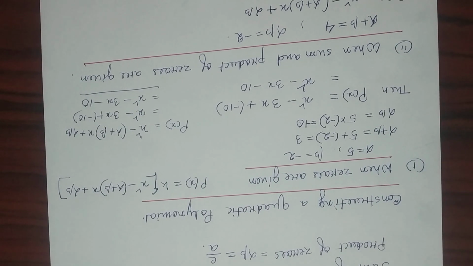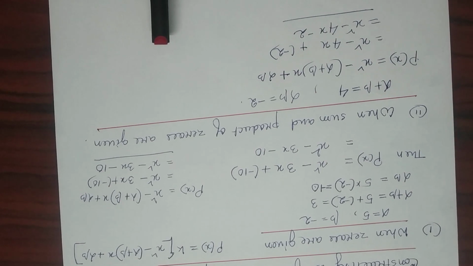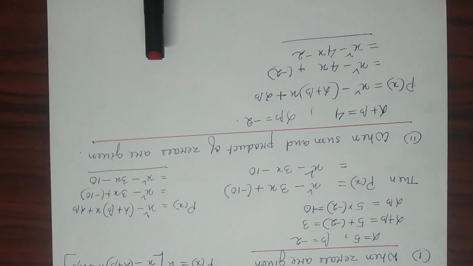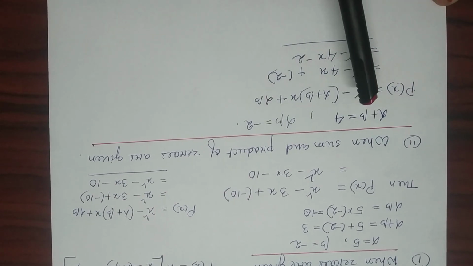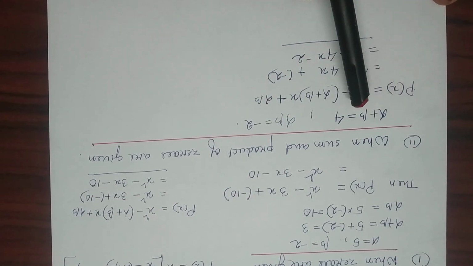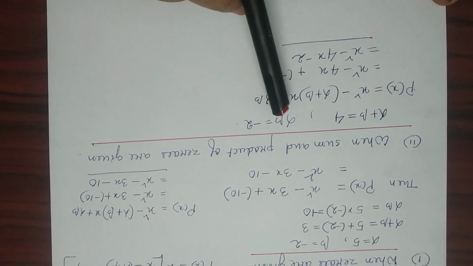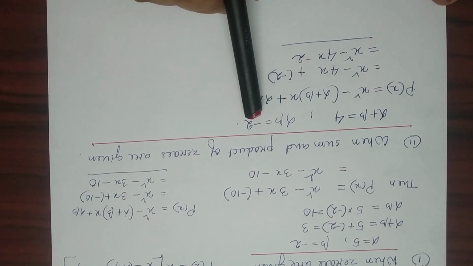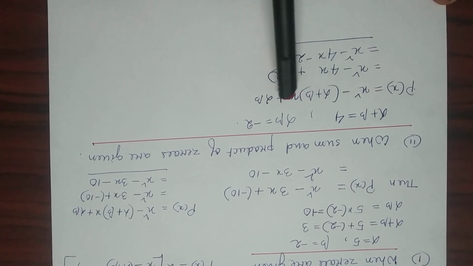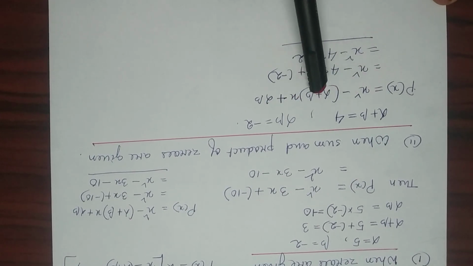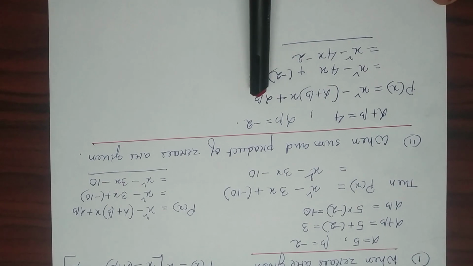And if the sum of zeros and product of zeros are given, that means the second type of question, let alpha plus beta is equal to 4 and alpha into beta is equal to minus 2. Then we can construct a quadratic polynomial x square minus (alpha plus beta) into x plus alpha into beta.